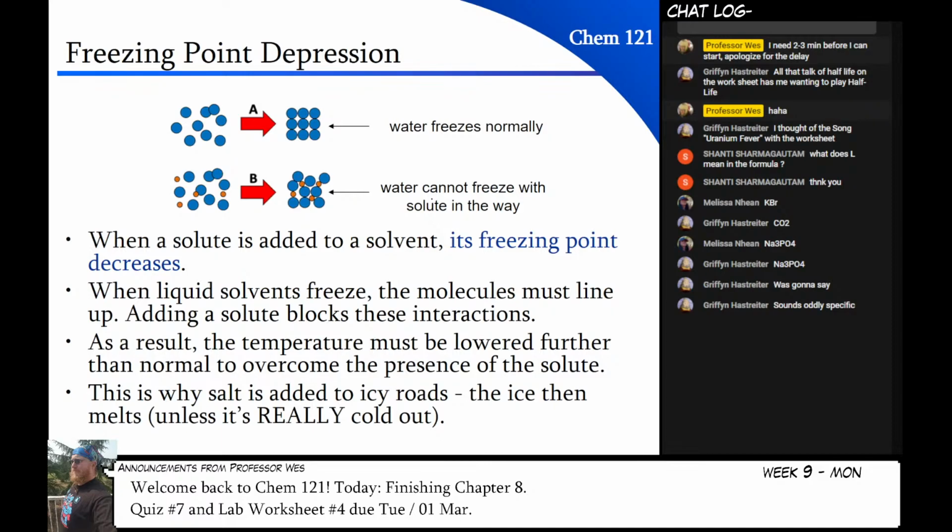Now, this only works with particles that dissociate. You may remember a few years ago that the mayor of Seattle decided, hey, we're not going to use salt. That's environmentally unfriendly, despite living next to the ocean. We're going to use sand instead. Well, sand does not dissociate. Sand is just one contiguous particle, right? Sand is silicon dioxide for what it's worth, but it's insoluble.